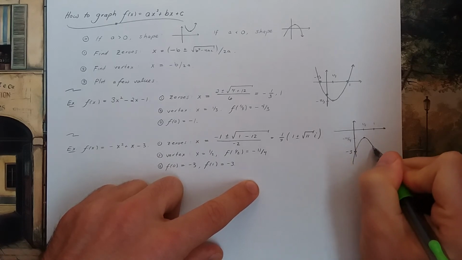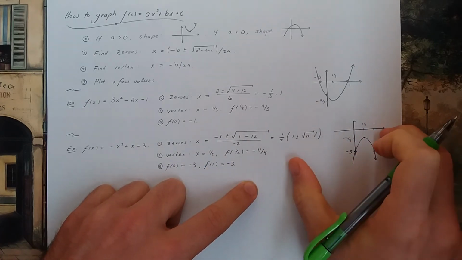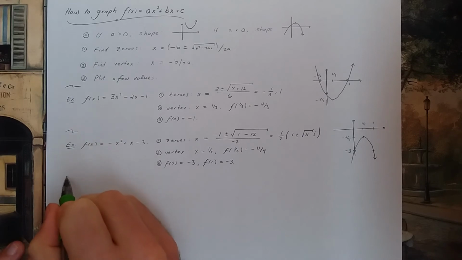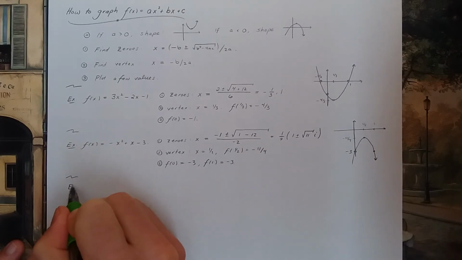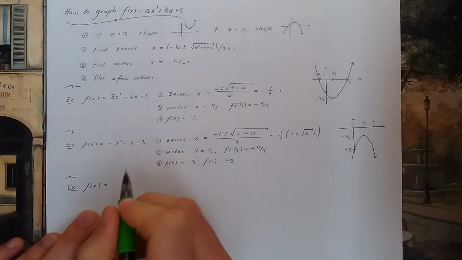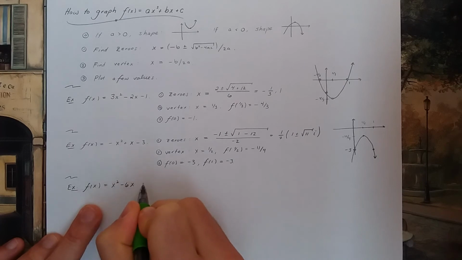And at this point, I'm ready to draw my picture, and I like my parabola. Now let's do one final example to finish this video. So here is an example. What if I had f of x is equal to x squared minus 6x plus 9?